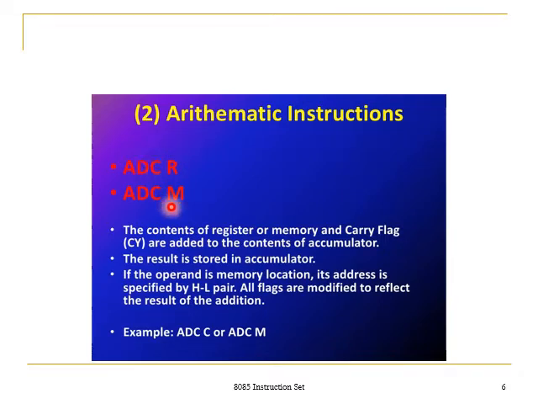If the operand is a memory location, its address is specified by the HL register pair as usual. All flags are modified to reflect the result of the addition.